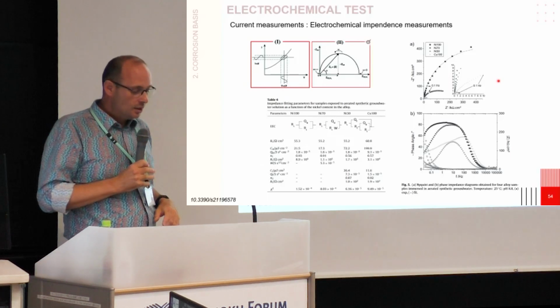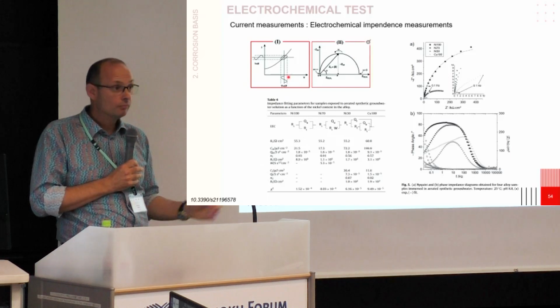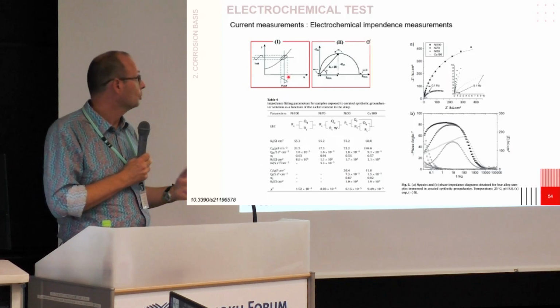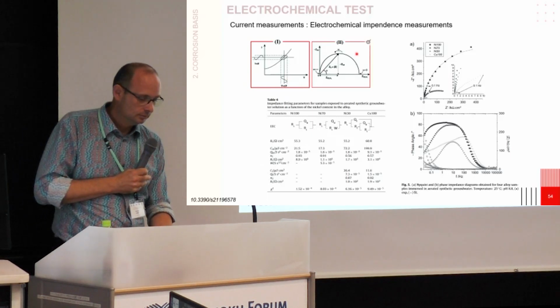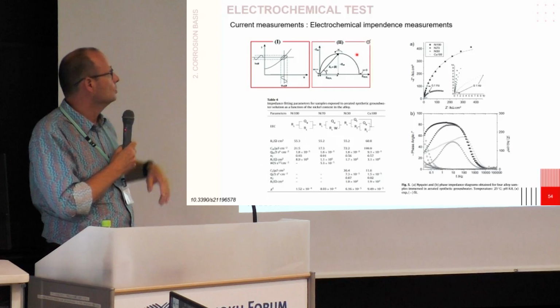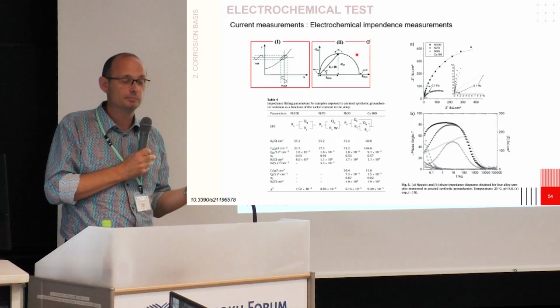Okay? So you choose a potential, you apply a fluctuation of potential, you record the fluctuation of current, and you love mathematics, and you draw what we call the Nyquist diagram or Bode diagram.